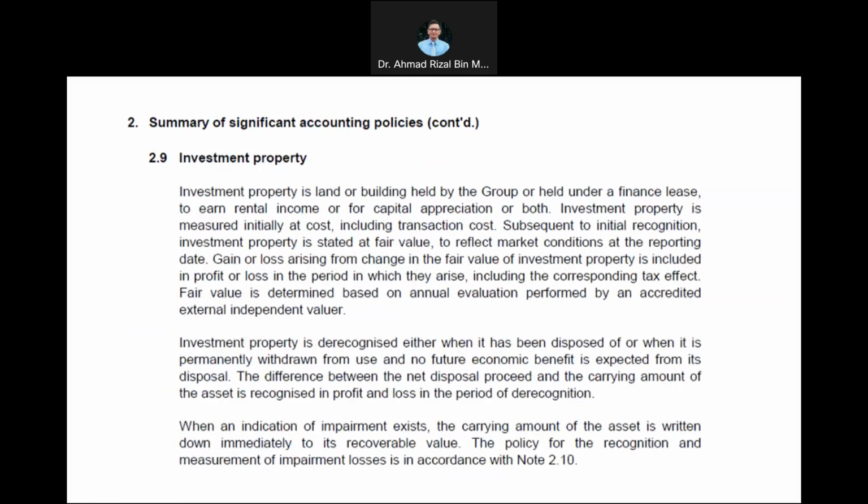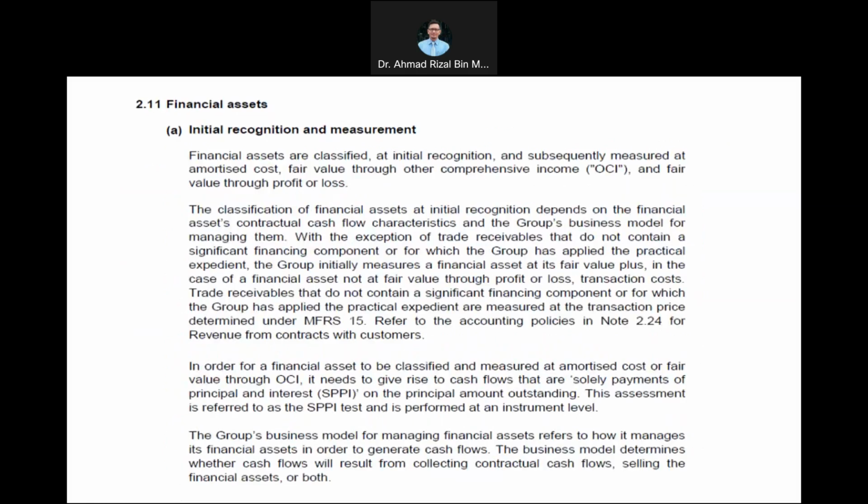This is for investment property. They define what investment property is and how they measure and recognize the gain or loss from the investment. And these are for financial assets: the definition and the description of how they are classified and valued, and the gain or loss incurred.